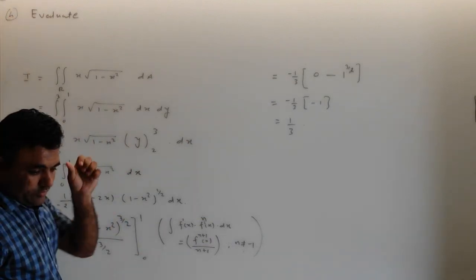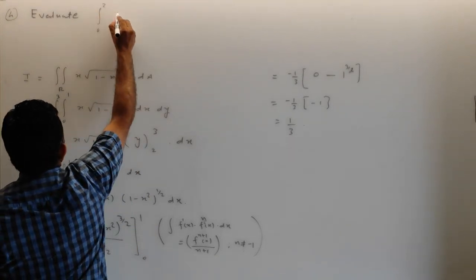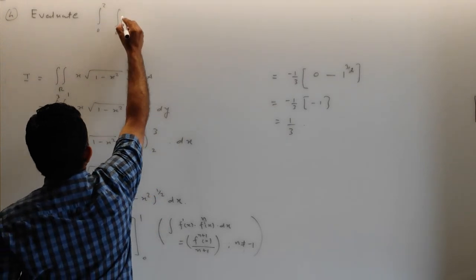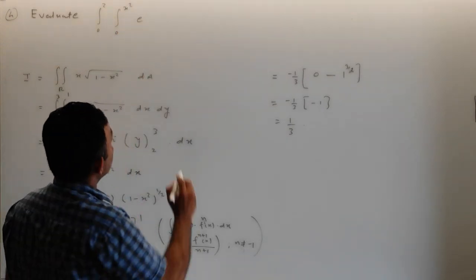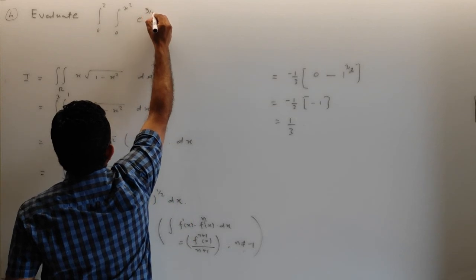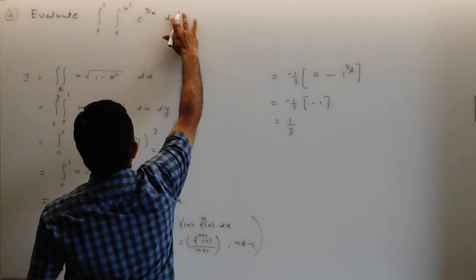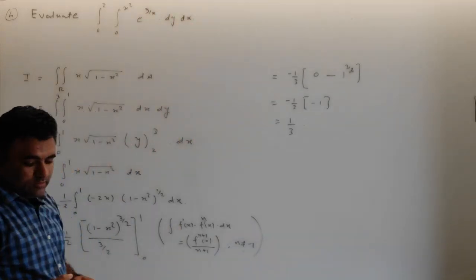Example number 4, you evaluate integration 0 to 2, integration 0 to x square, e raised to y by x into dy dx.